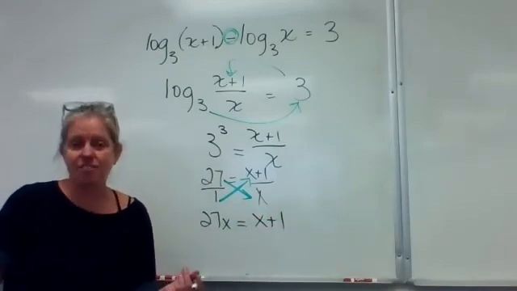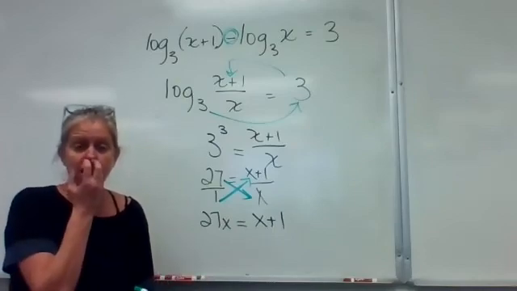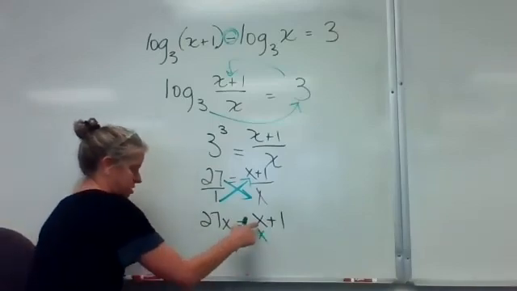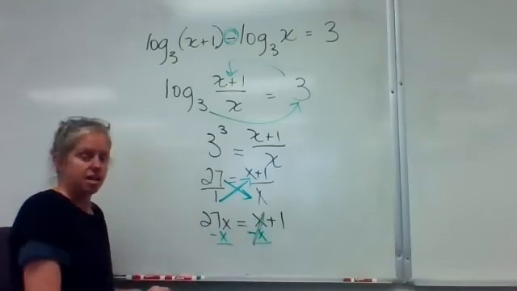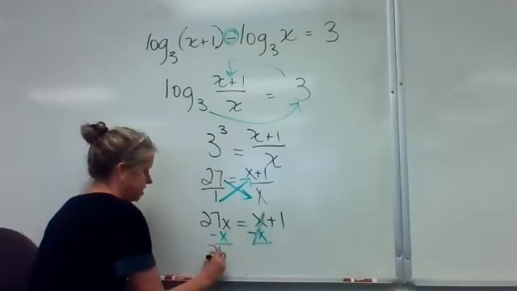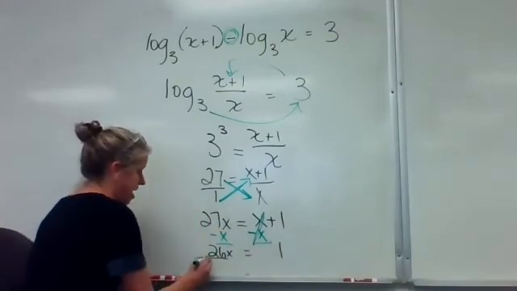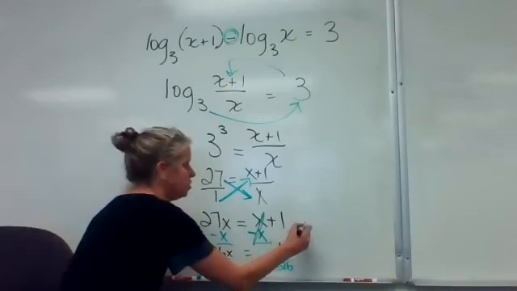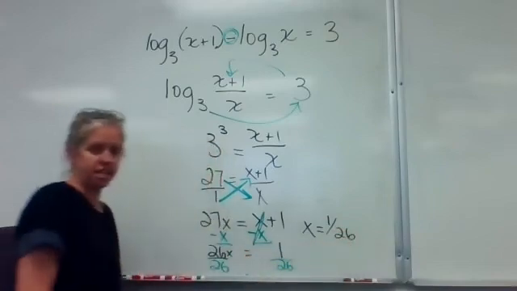So this one doesn't have an x squared. It's just plain x, right? There's no quad involved because there's not an x squared. So I'm just going to move this x over here. So now I've got 26x equals 1, and then divide by 26. So what does x equal? Just 1 over 26.